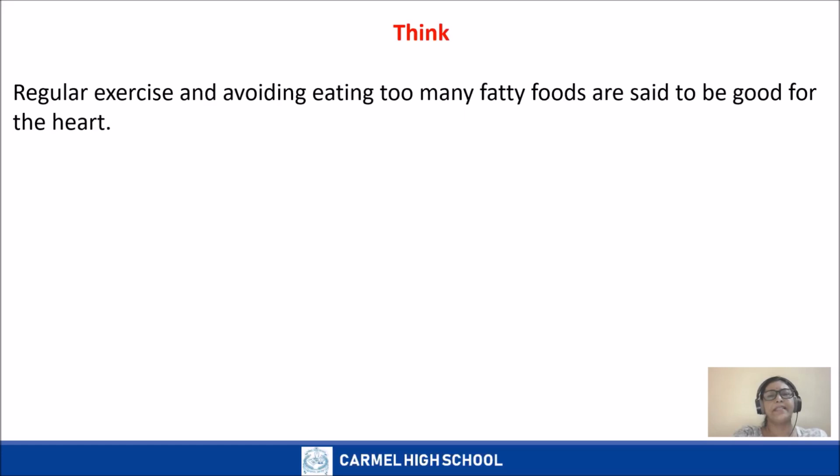So the person will be very lethargic, very weak. He will not have any energy to do any work in the right way. He feels very tired. So this is the reason why they should avoid fatty foods. So you can write down.